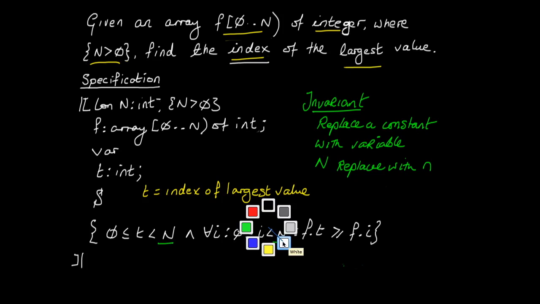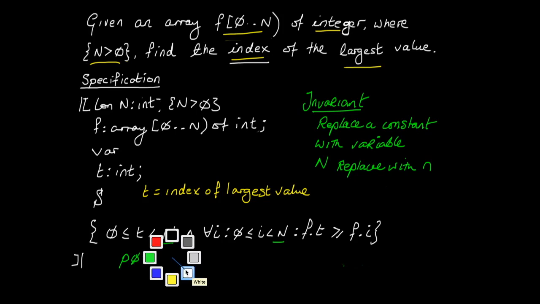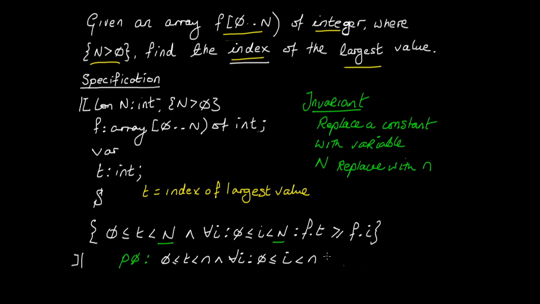So to write down our invariant, we're going to say P0 will become t greater than or equal to 0, less than small n, and for all i, i will be greater than or equal to 0 and less than small n, and we'll still have f dot t greater than or equal to f dot i.